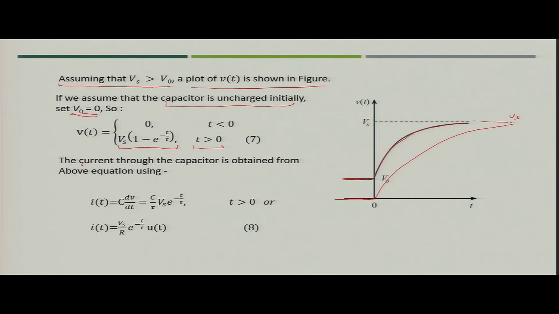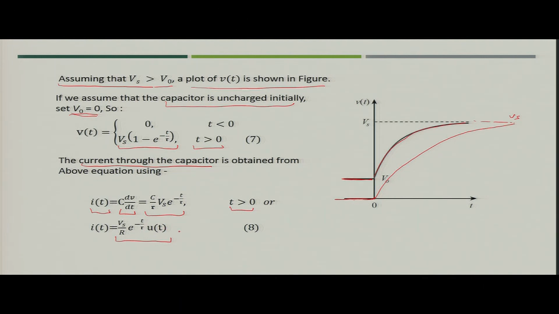Now, if you are asked to find the current through the capacitor, you have to simply differentiate the voltage equation which we have got. So, the current i at any time t will be equal to C dV by dt. If you differentiate, you will get i(t) as V s by R e to the power minus t by tau, and you will add u(t) just to make sure that you are referring to time greater than 0, because this is a unit step function.